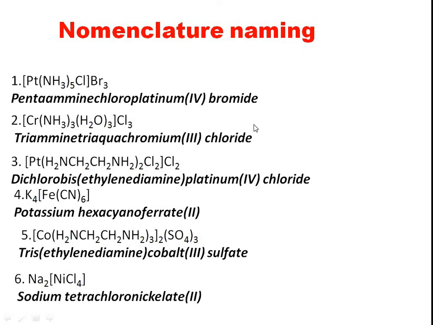and bromide. You should understand that we will not write it as bromo. When bromine is inside the complex part, it will be named as bromo. But when it is outside the complex part, it is named as bromide.